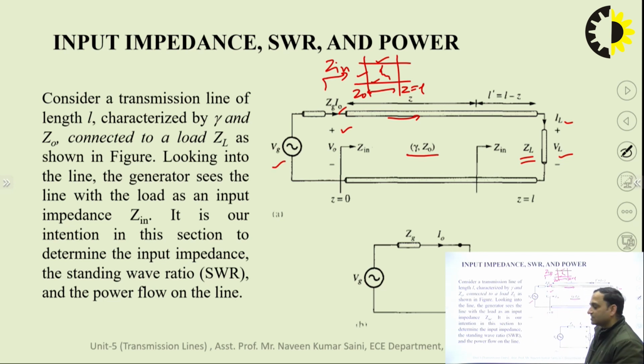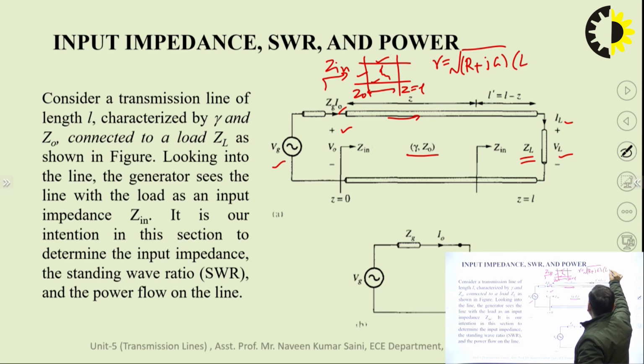As I explained last time, gamma is the square root of (R plus j omega L) times (G plus j omega C).